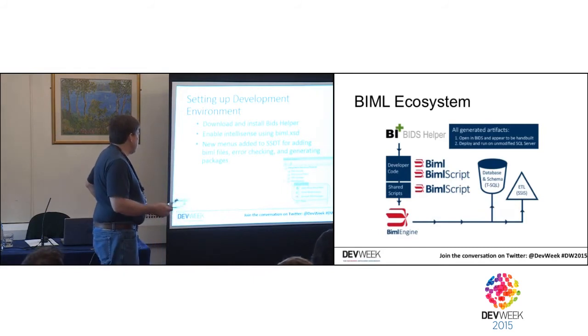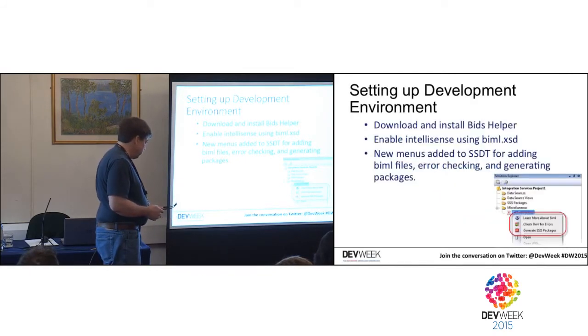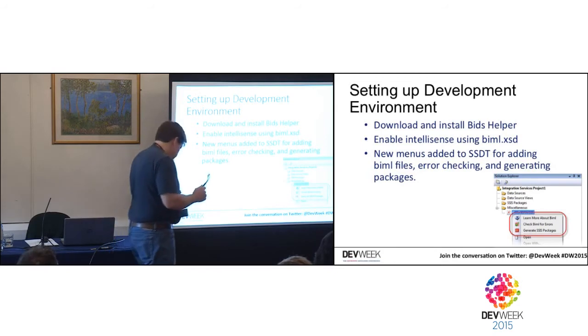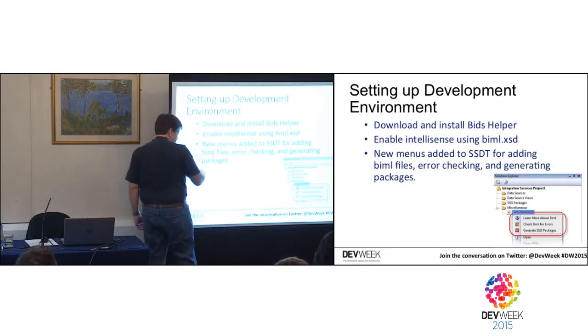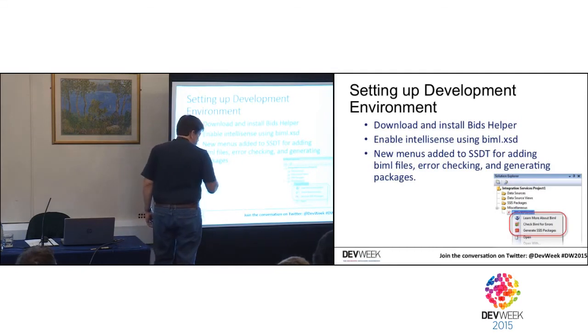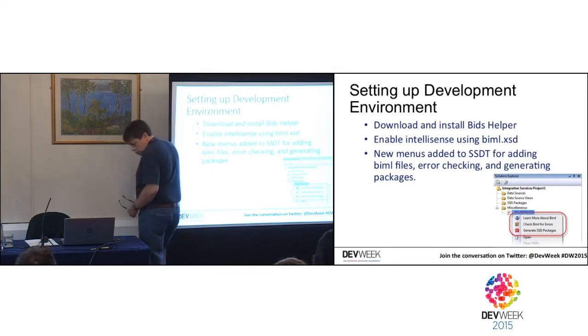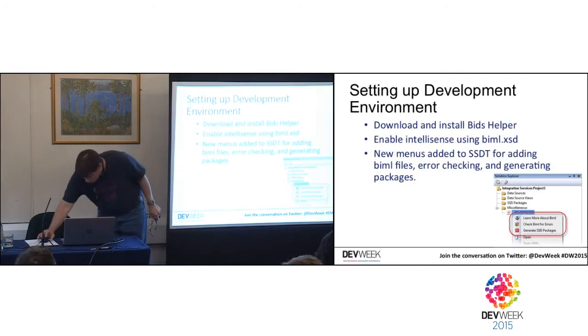Then you're going to have new menus added to SQL Server Data Tools for adding BIML files, plus error checking and generating packages. So those are the steps: install BIDS Helper, enable IntelliSense, and then open it up and see what's going on.